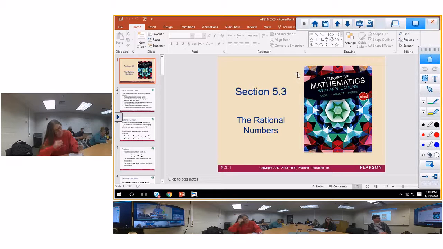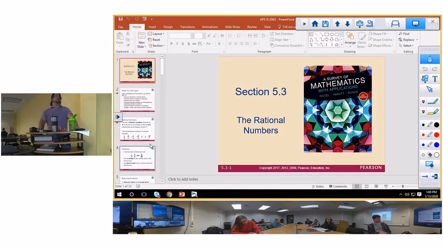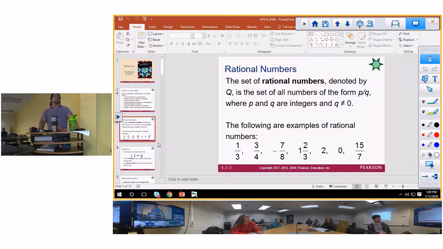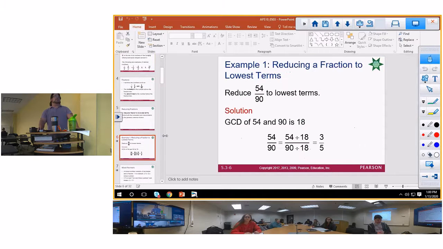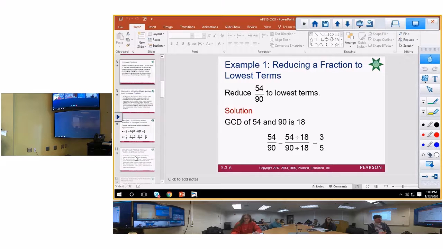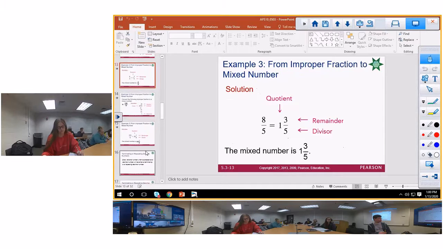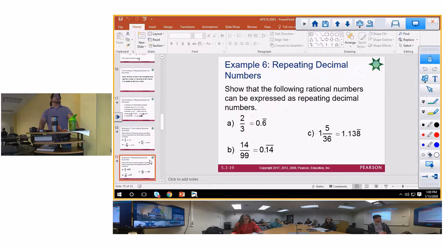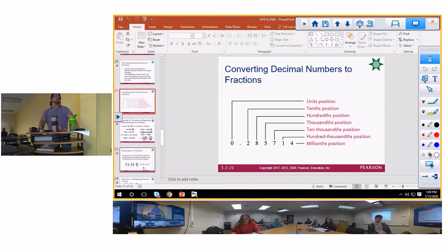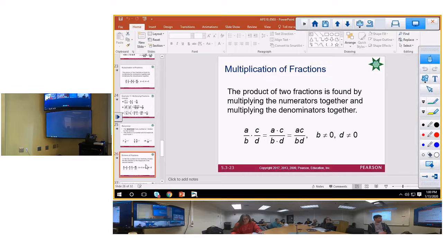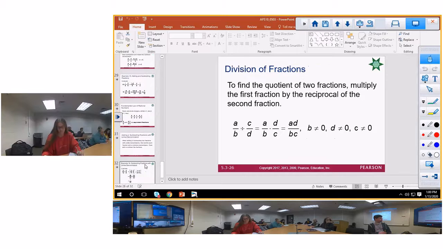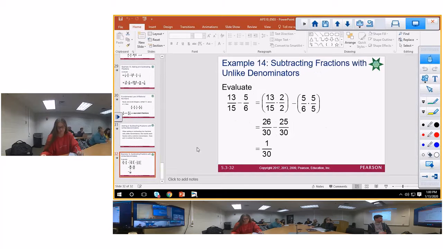I'm going to go straight to adding and subtracting. We'll go over the rational number stuff later. I want to get to adding and subtracting because I want you to see how we're using these. Okay, here's one right here.